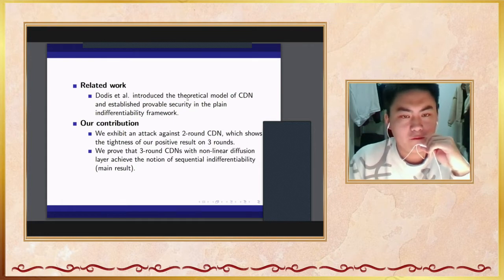In our work, we first exhibit an attack against the 2-round CDN, which shows the tightness of our positive result on 3 rounds. We prove that the 3-round CDN with nonlinear diffusion layer achieves the notion of sequential indifferentiability, which is our main result.